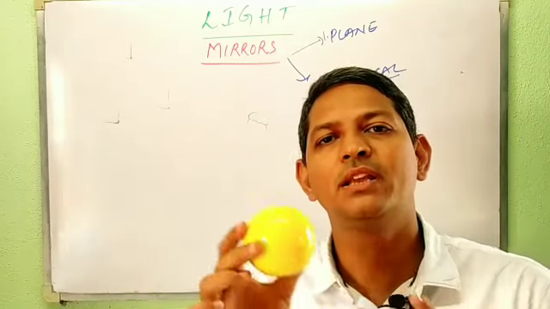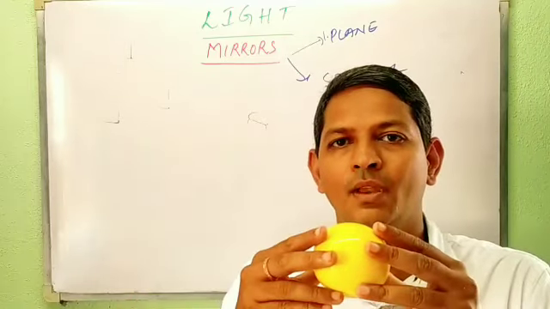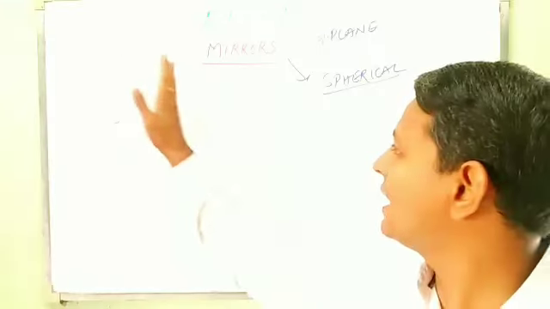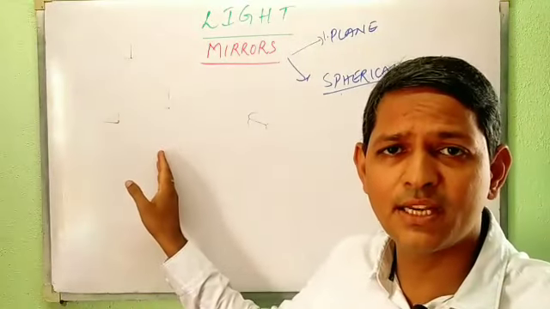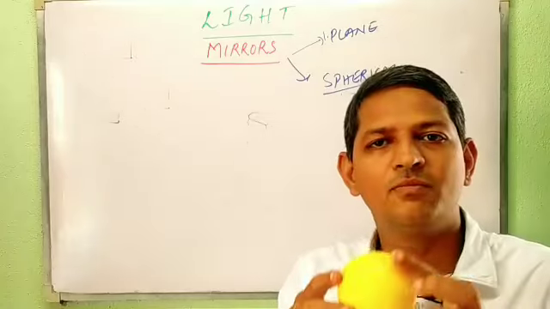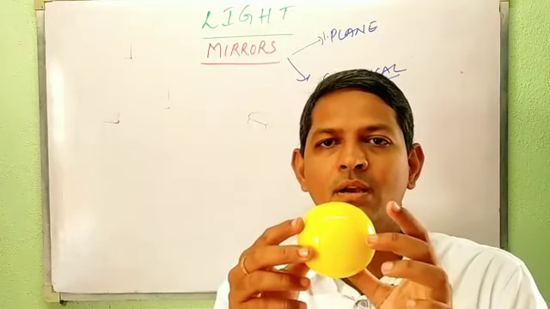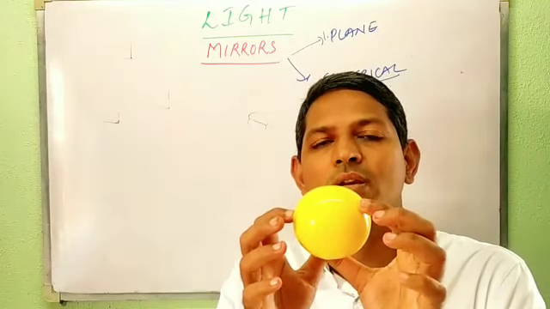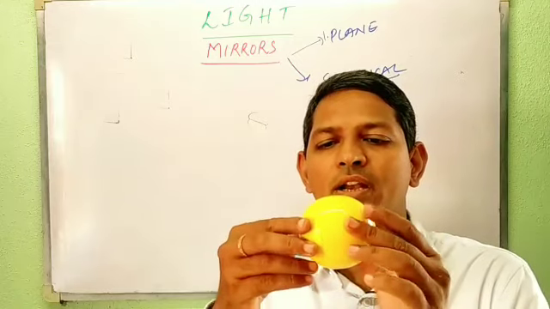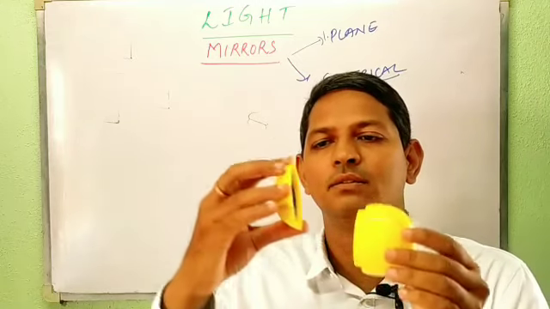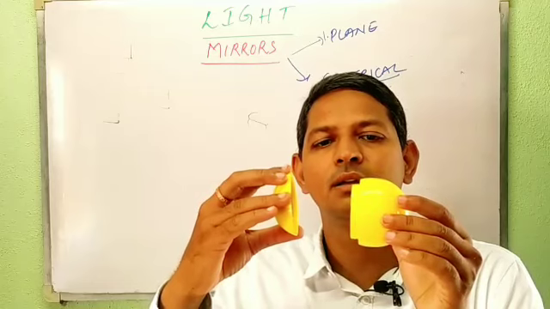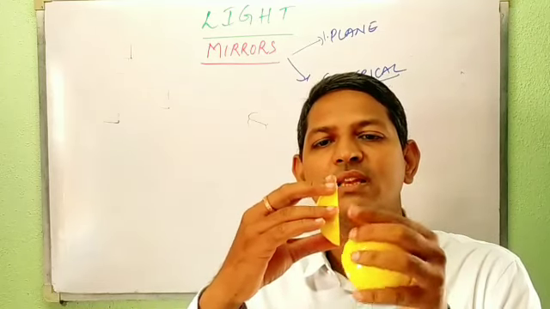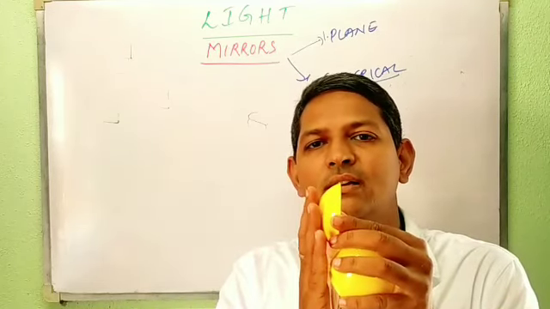Now if the complete thing is made up of glass, now how plane mirror is made up of a glass, and a glass is coated with silver on one side, it becomes a plane mirror. In the same way, if there is a sphere like this, if you are cutting it like this, this is a piece, right? Now when there is a piece like this, you can coat on this side as well as this side.